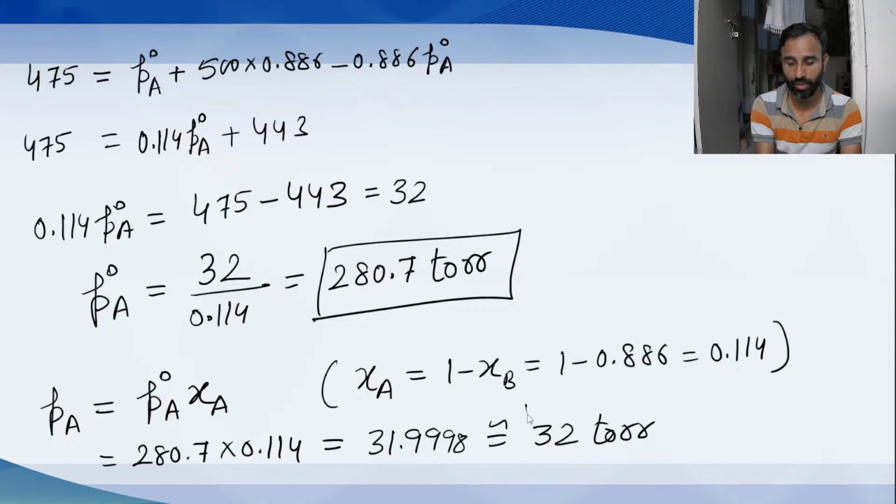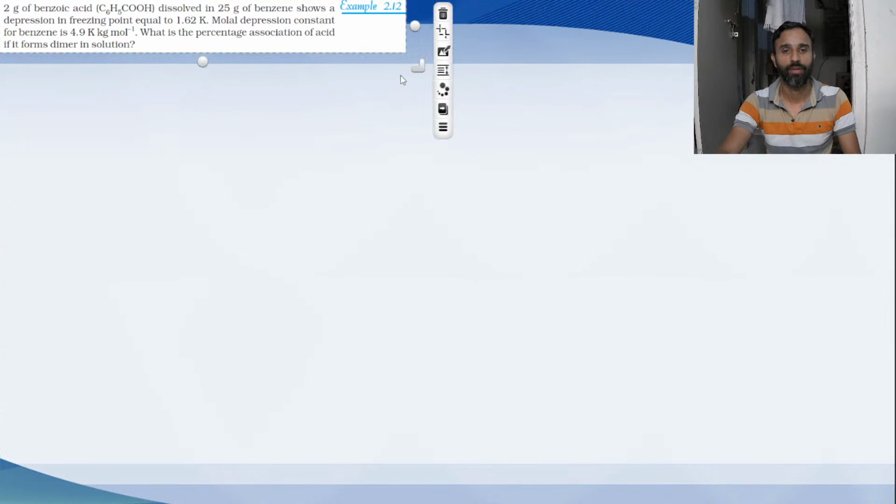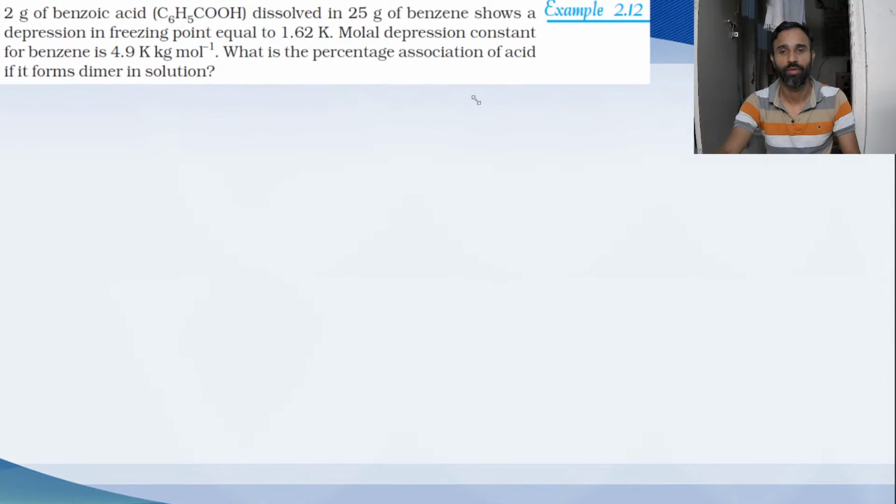So P naught A, the vapor pressure of pure component A, is 280.72 and vapor pressure of A in solution is 32. This is example 2.12.